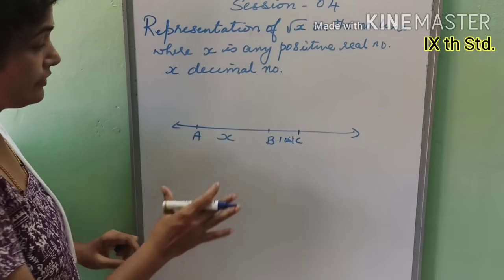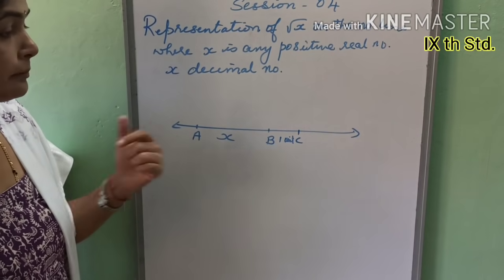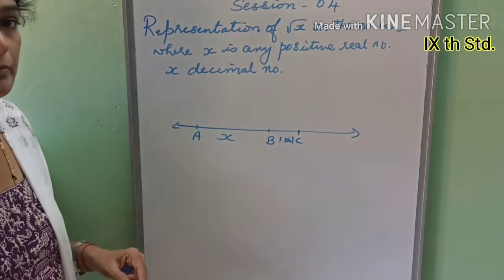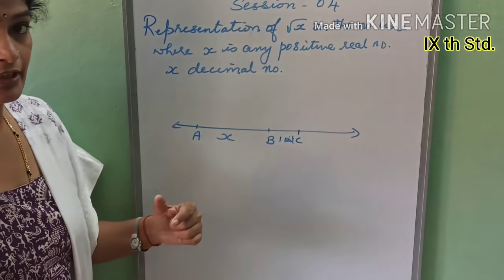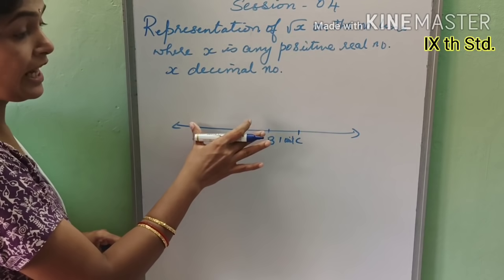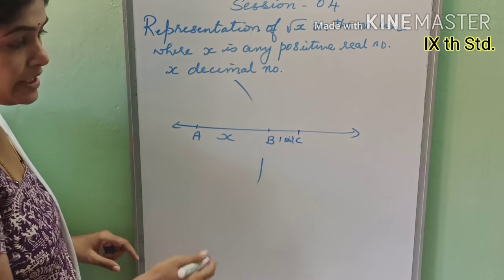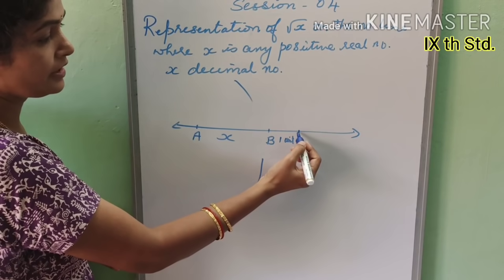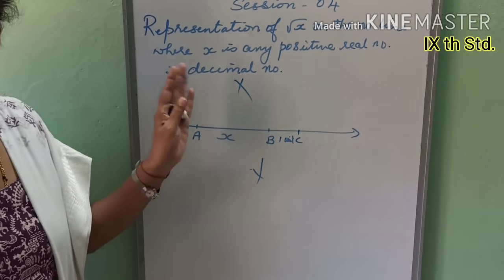Okay. Then for this AC you will find out the midpoint. How do you find midpoint to AC? You will draw the perpendicular bisector for this AC using your compass. That is, you will take the radius more than half of AC, keep at point A, draw an arc on both the sides with the same radius, keep the pointer of the compass at C, then draw the arc such that it bisects the previous arcs.